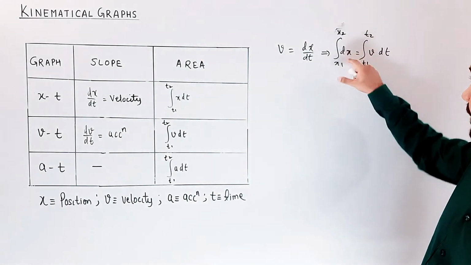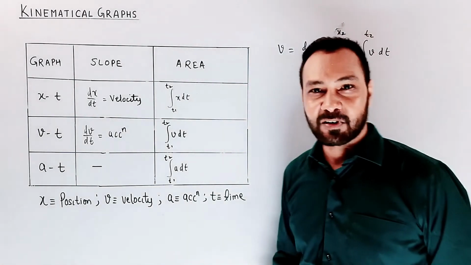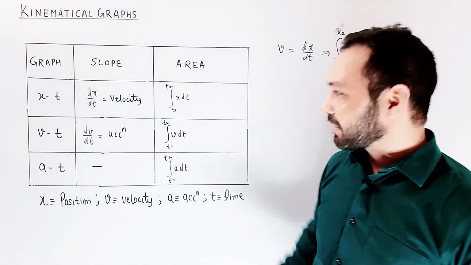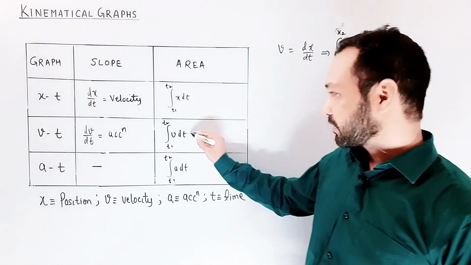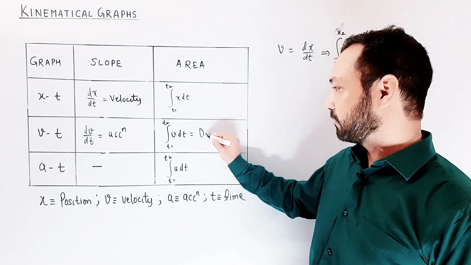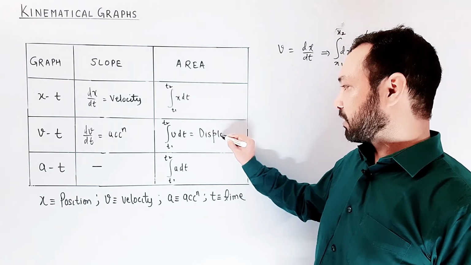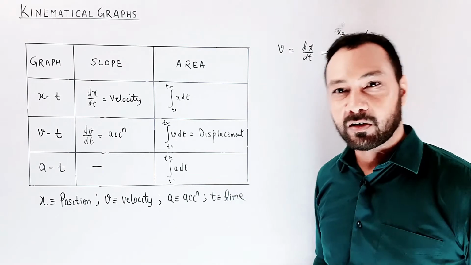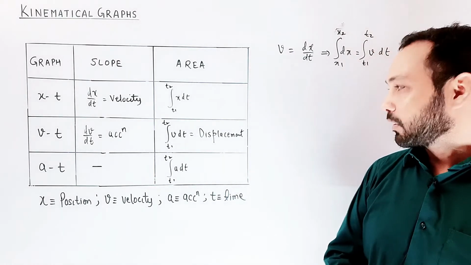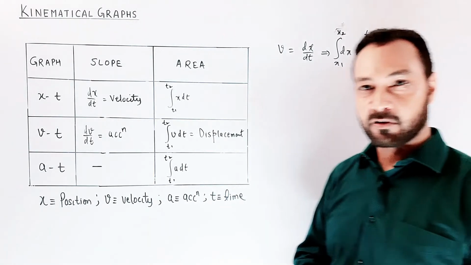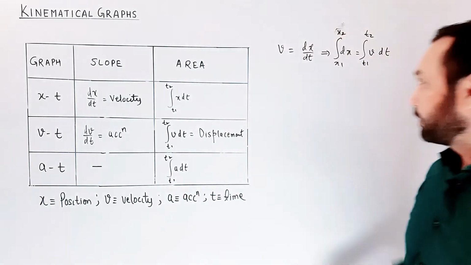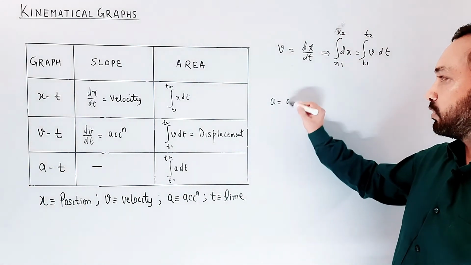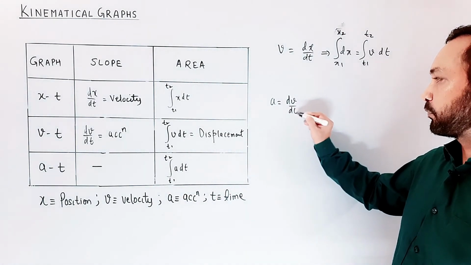And the left hand side is x2 minus x1, that is displacement. So this area under VT graph gives us the displacement. The area under VT graph in a given time interval gives the displacement covered in that interval.